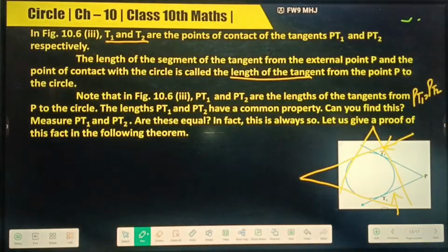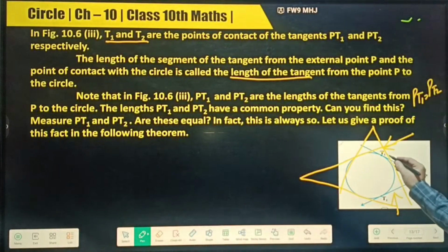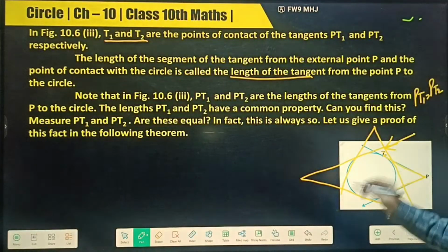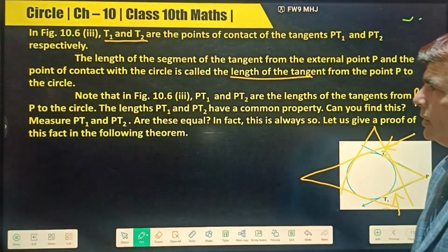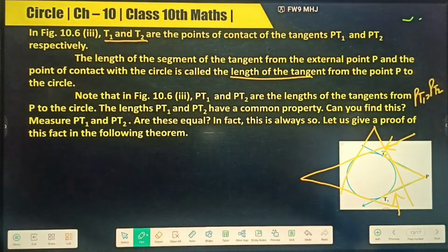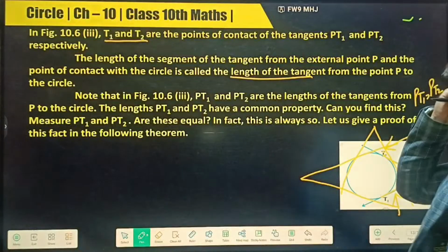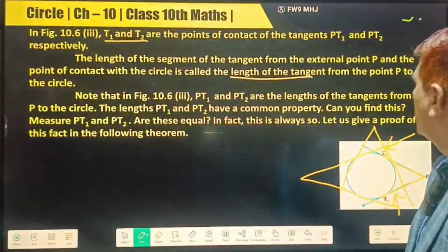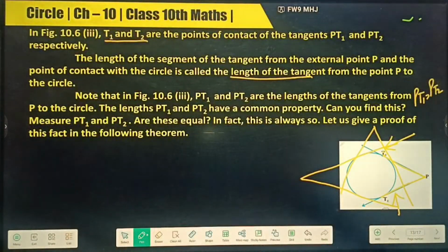So what is it saying? This is a segment, and this is known as the length of the tangent. That's why it is written: the length of the segment of the tangent from the external point P to the point of contact with the circle is called the length of the tangent from the point P to the circle.